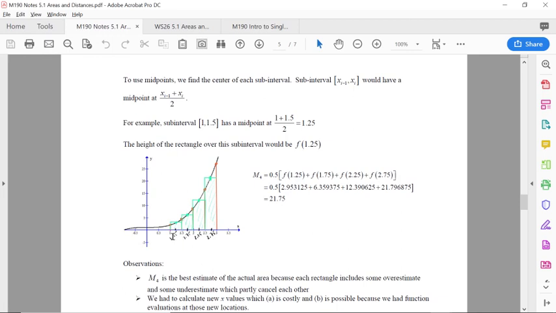It is 1.25. Formulaically, we say for the subinterval from x sub i minus 1 to x sub i, we would take the sum of the two endpoints. So in this case, for this interval here, x sub i minus 1 would be 1, and x sub i would be 1.5. Why the use of the i? Remember, the subscript i can tell us which subinterval we're looking at.